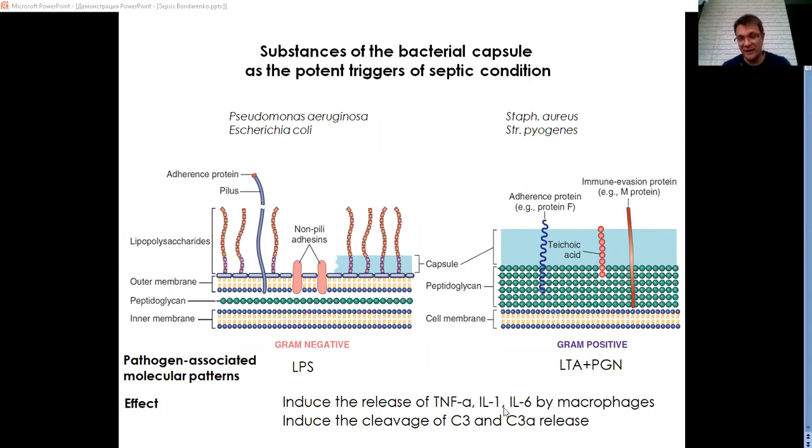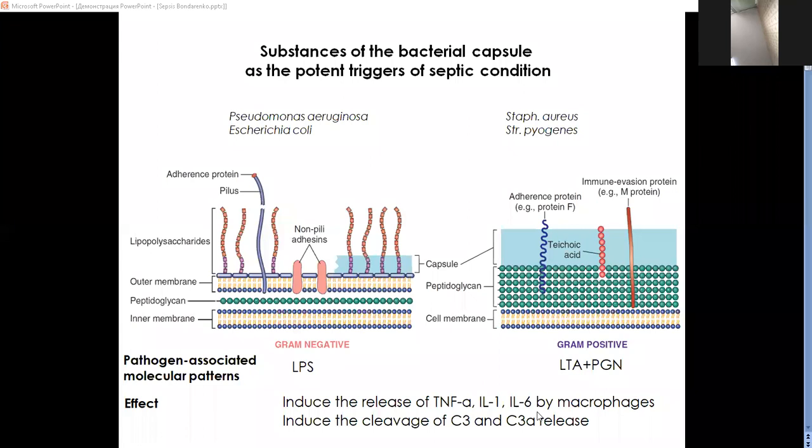You must know them: interleukins 1 and 6 and tumor necrosis factor alpha. Also, these pathogen-associated molecular patterns produce cleavage of complement component 3 and trigger release of C3a.